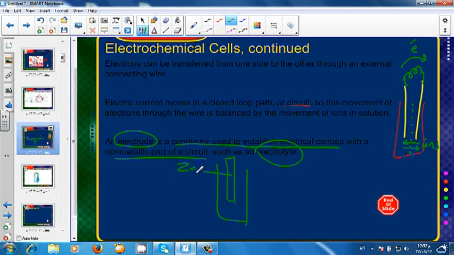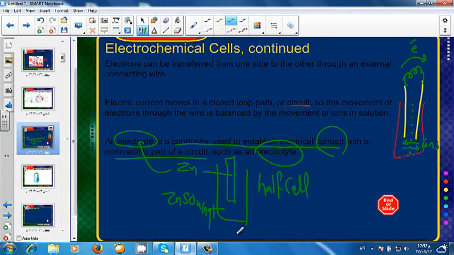Zinc is the electrode, which is the conductor, and this conductor is in contact with a non-metallic part, the electrolyte, which is its solution, zinc sulfate, ZnSO4 aqueous solution. The electrode and its electrolyte together make up a half cell.